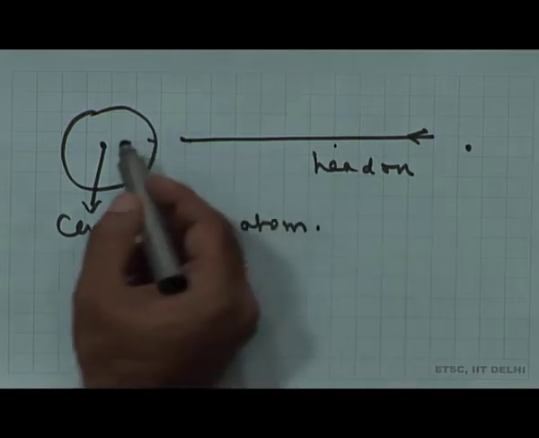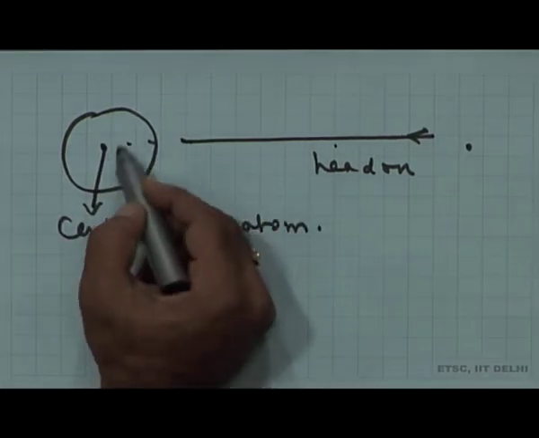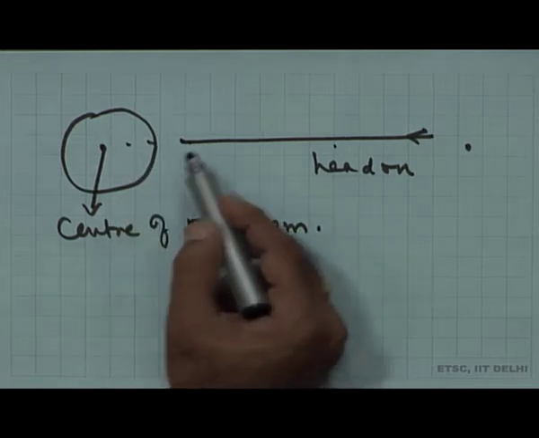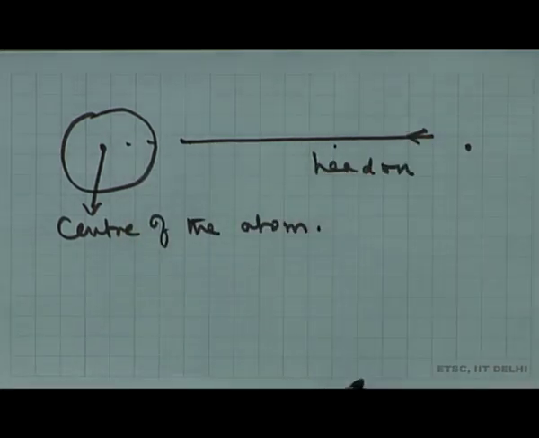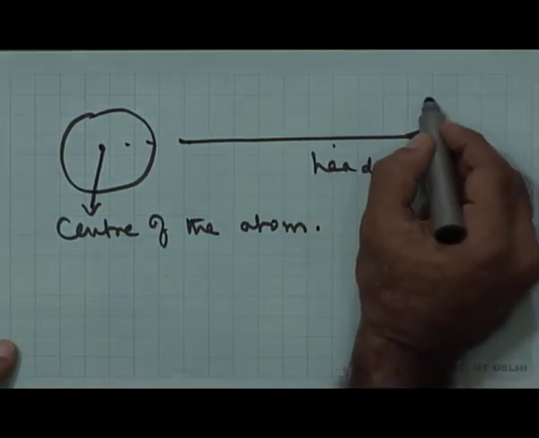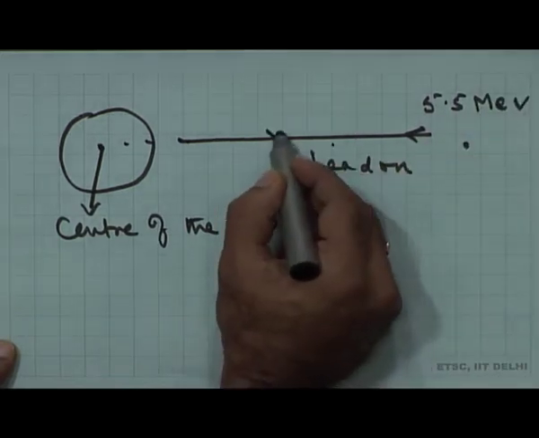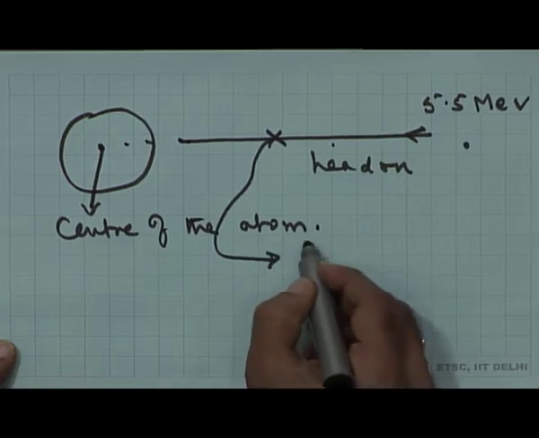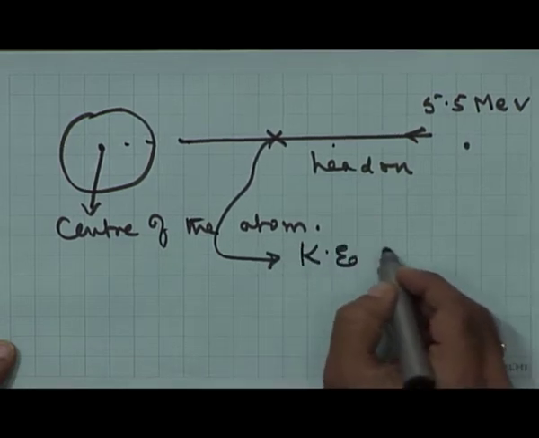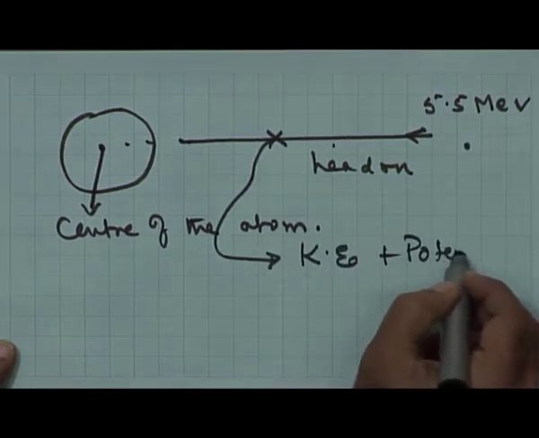Otherwise, if it were somewhere here, there would have been an impact parameter, and impact parameter multiplied by the momentum would have given you the angular momentum. That is something that you have to remember. Now, at infinity, it had an energy of 5.5 MeV, but at any intermediate point, it will have kinetic energy plus potential energy.